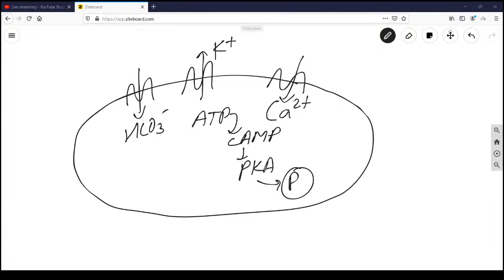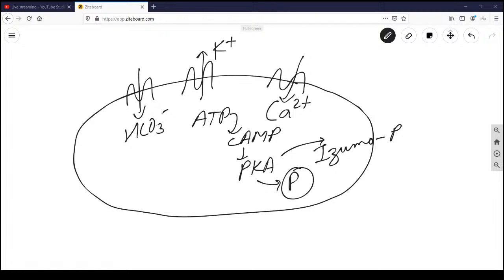Protein kinase A can phosphorylate any protein, so it phosphorylates a protein known as Izumo. Once Izumo is phosphorylated by protein kinase A, it is transferred to the sperm head. It migrates to the sperm head and plays a great role in sperm-egg fusion.